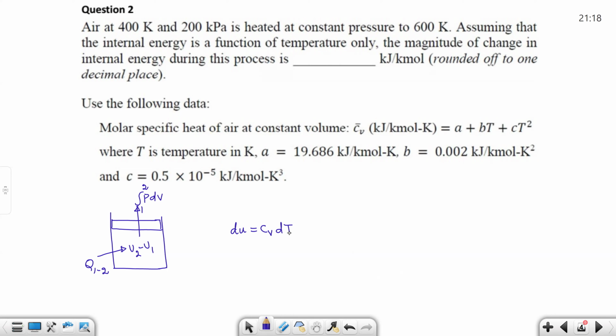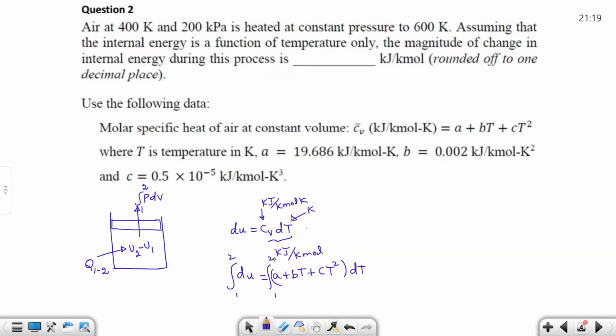If Cv is in kilojoule per kilomole Kelvin and dT is in Kelvin, then this product will be in kilojoule per kilomole. Now we can substitute Cv as A plus BT plus CT squared into dT, and integrate from 1 to 2.